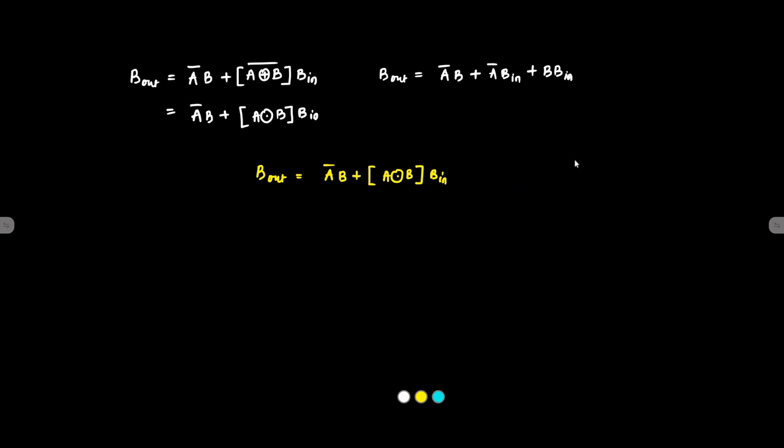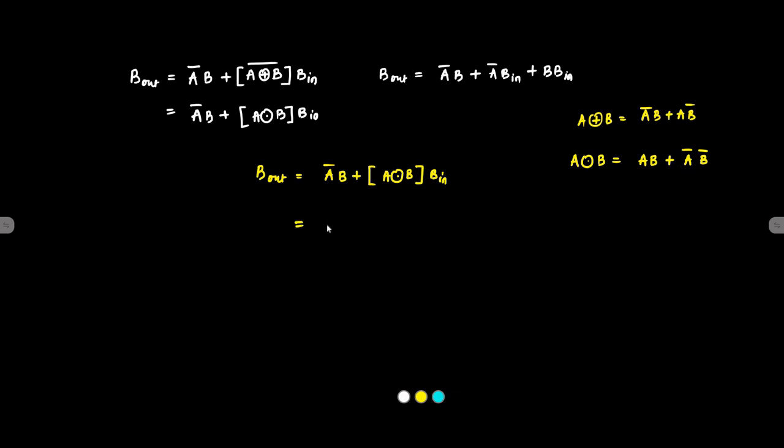Now we know that A XNOR B is AB or A bar B bar, and A XOR B is A bar B or A B bar. We have discussed this in Boolean algebra laws. Please watch the digital electronics playlist where I've discussed everything in detail. You will find all the videos there. So in place of A XNOR B, we'll put this expression.